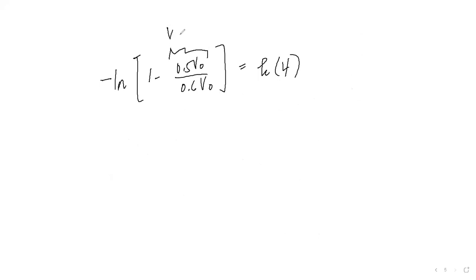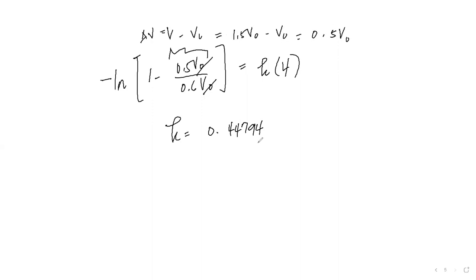This is your V minus V sub O. Your V is 1.5 V sub O minus V sub O, telling you that your delta V is 0.5 V sub O. So this is your delta V actually, final volume minus initial volume. So you get to cancel this, and your K here will be equal to 0.44794 per minute. Okay?